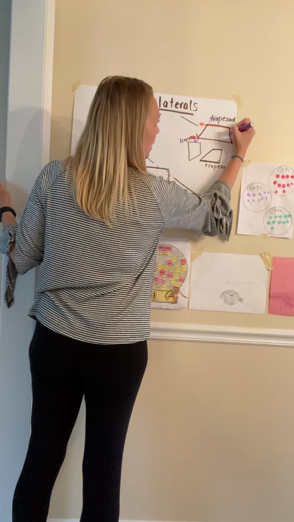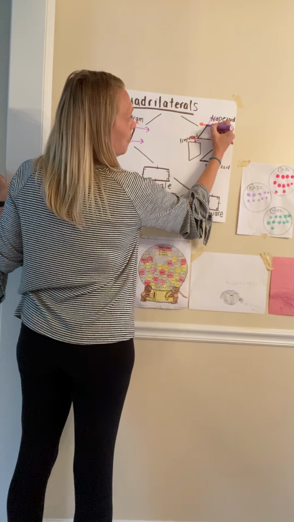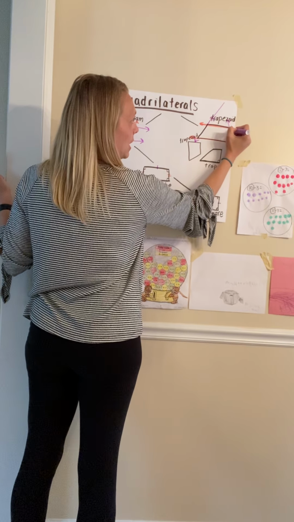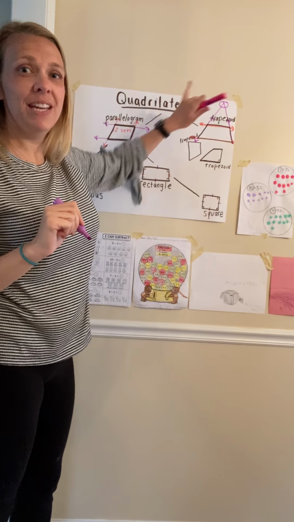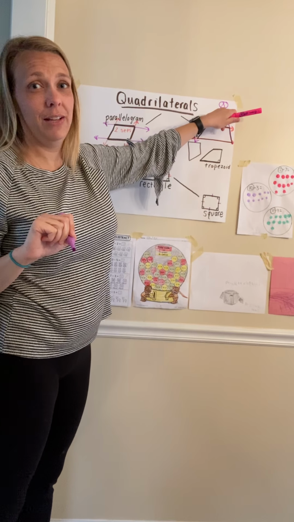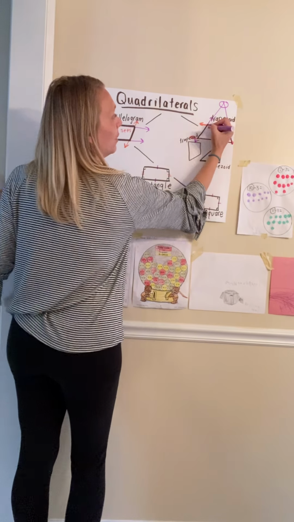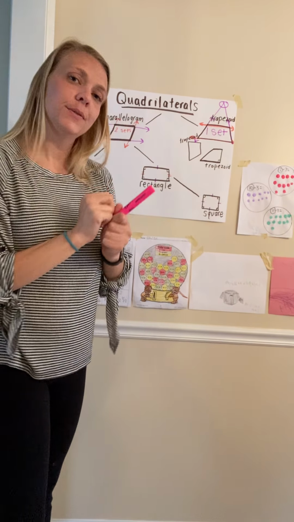Now, you'll notice with these lines, and it's hard to see because I wrote the word trapezoid, but if I keep going up here with my purple, and I keep going up here with my purple, what happens eventually is they touch, they cross. So in this case, these are not parallel lines. What that means is that a trapezoid only has one set of parallel lines, okay?